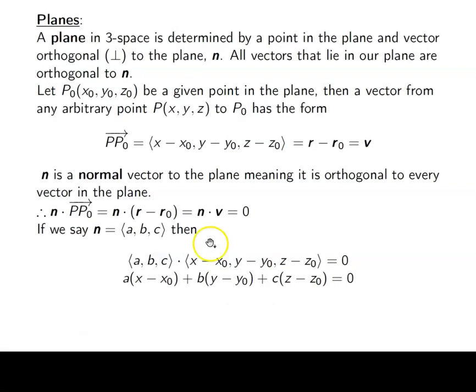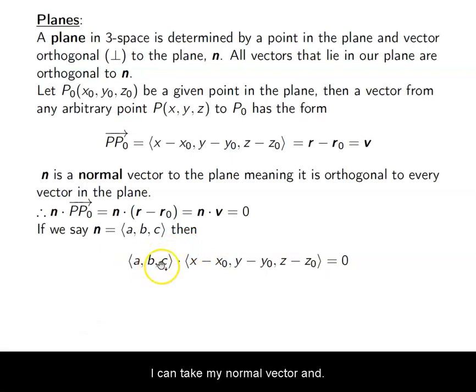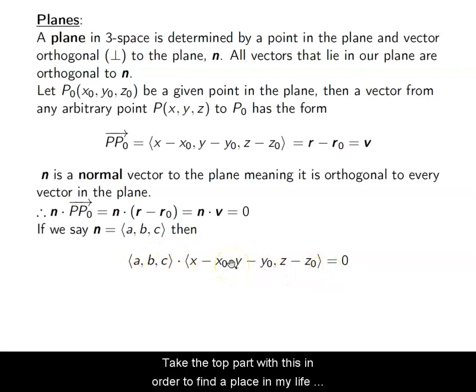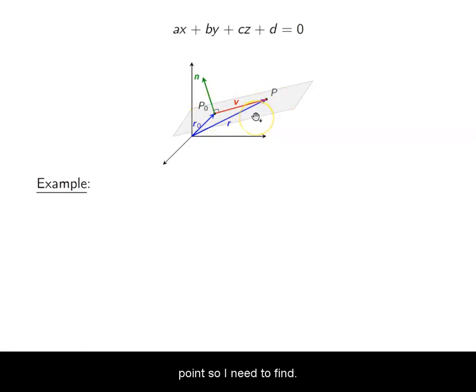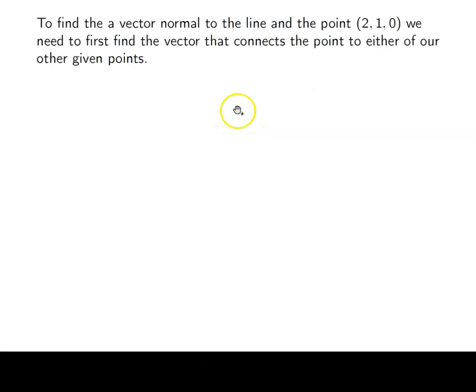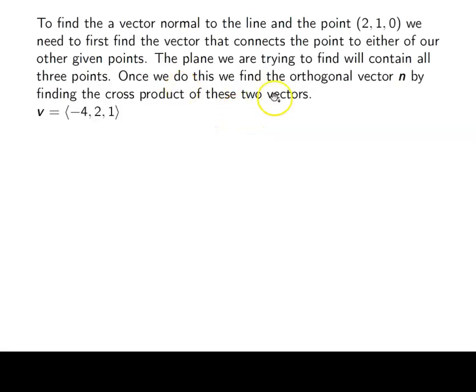Let's go back one. Okay. I can take my normal vector and take the dot product with this in order to find the equation of my plane. So what I need to do first is I have a vector V. I have another point, so I need to find a second vector and then take its cross product with the vector V.